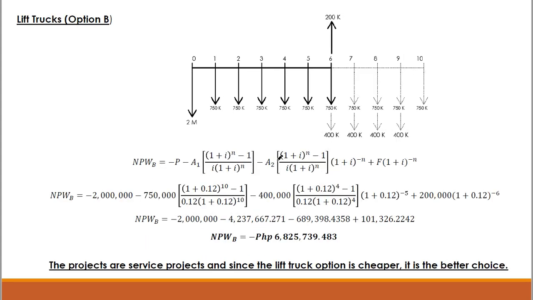So since this is a service project, pag service project, we are comparing the cost, no? So kapag cost, syempre, yung pinakamura ang pipiliin natin, the least amount of cost, which is, in this case, cheaper na lift truck na lang or option B ang ating gagamitin.